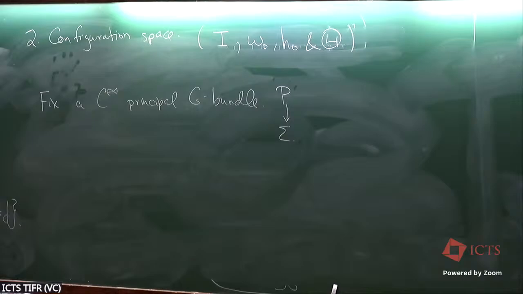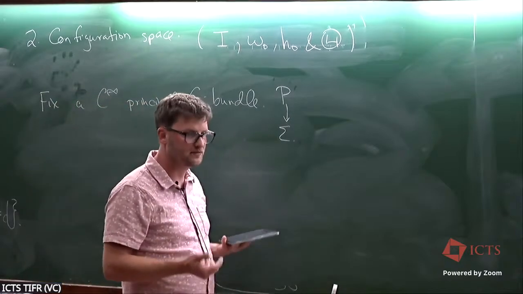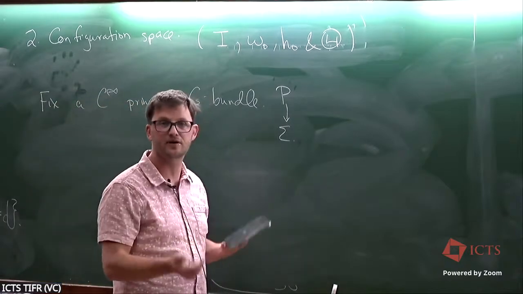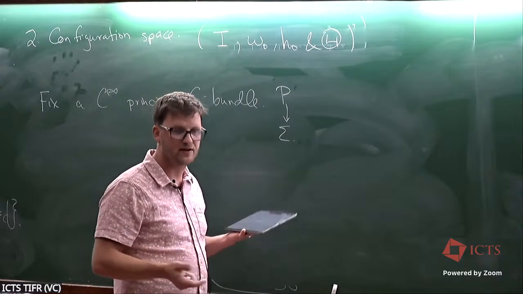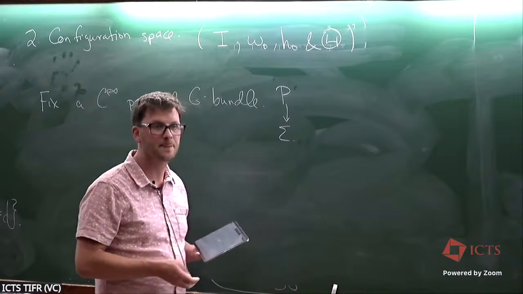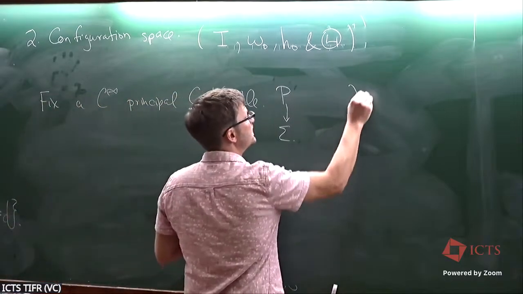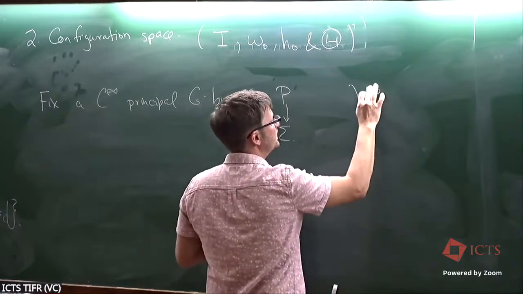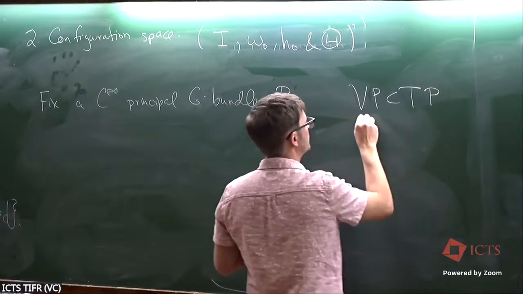G was SL_n C, which would come to me as the frame bundle of a rank n vector bundle which had a volume form on it. Great. And denote by VP the subbundle of the tangent bundle which is the vertical bundle.